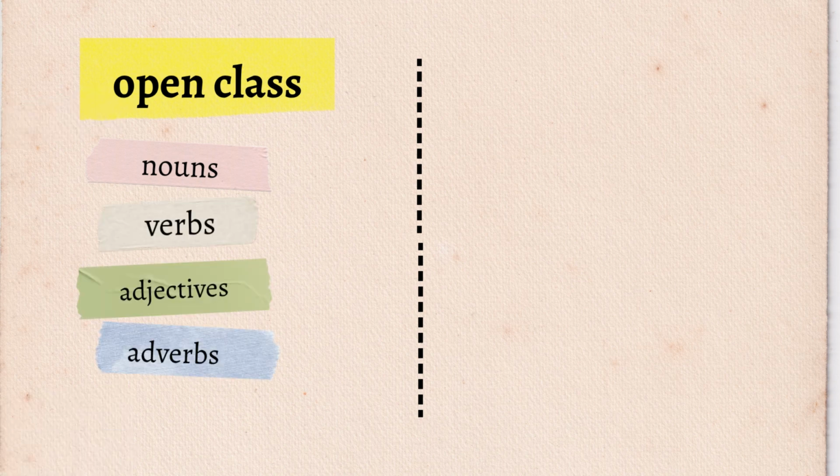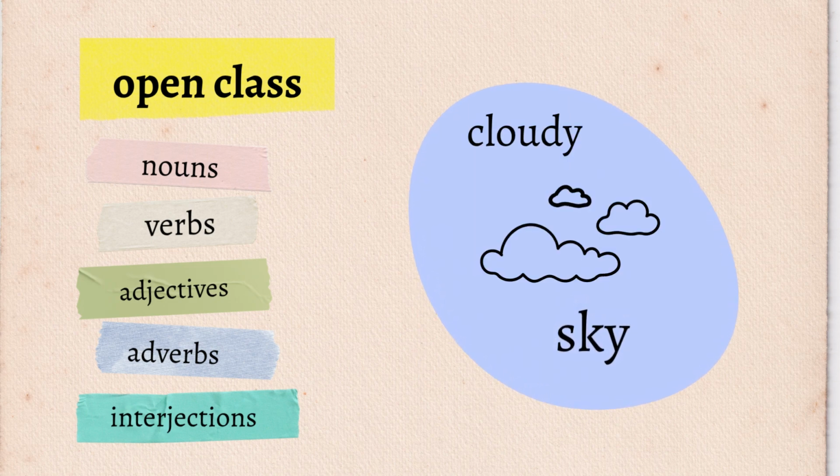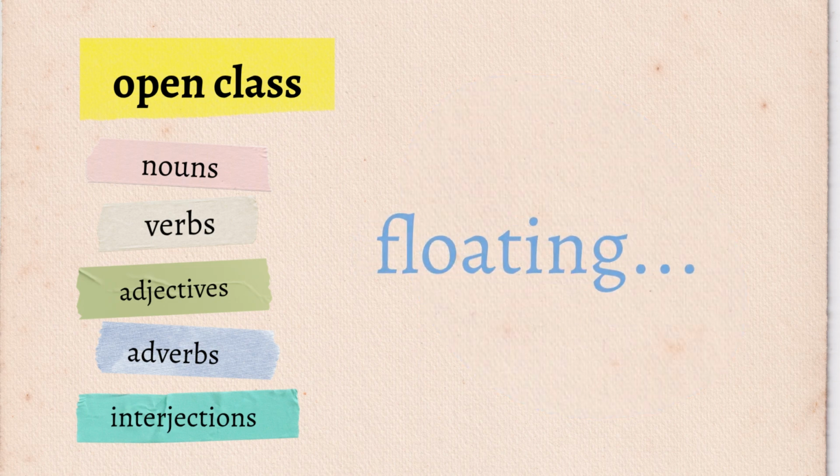Linguists divide these word classes into 2 overarching categories. We have the open class or lexical category of words, which is made up of nouns, verbs, adjectives, adverbs, and interjections. This class contains words that have substantial meanings, words like sky, cloudy, and floating.